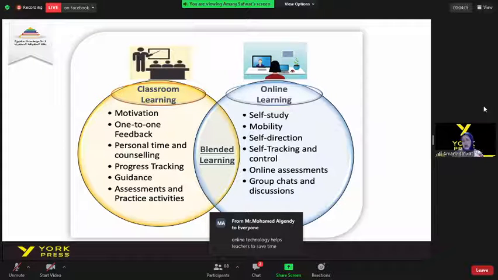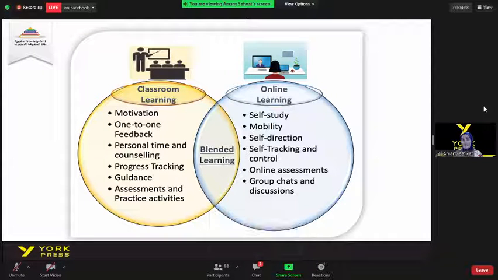And in contrast to progress tracking with the teacher, you have self-tracking. So you as a student can track your progress by yourself, and then you can judge yourself and how good you are. And then you can control yourself as well. There are online assessments, and maybe teachers can use group chats and discussion.